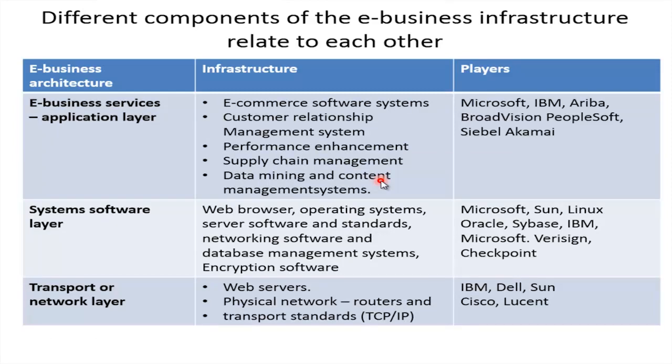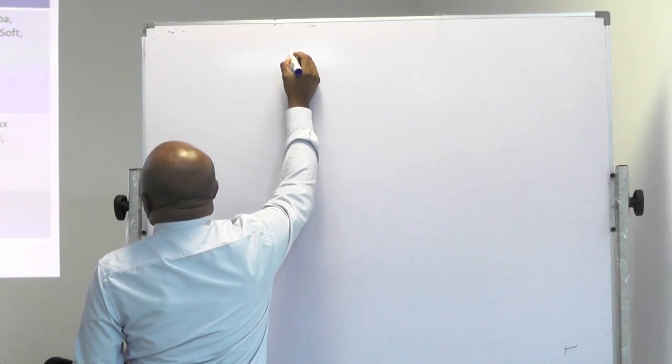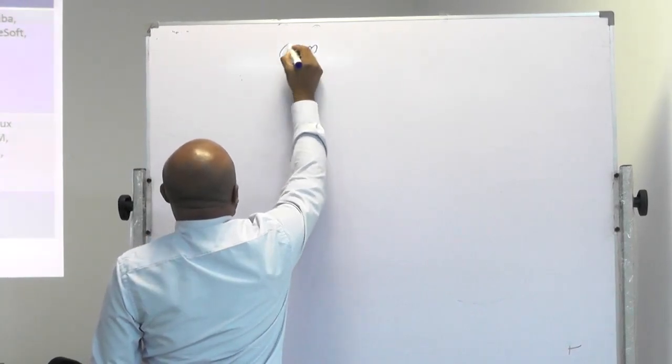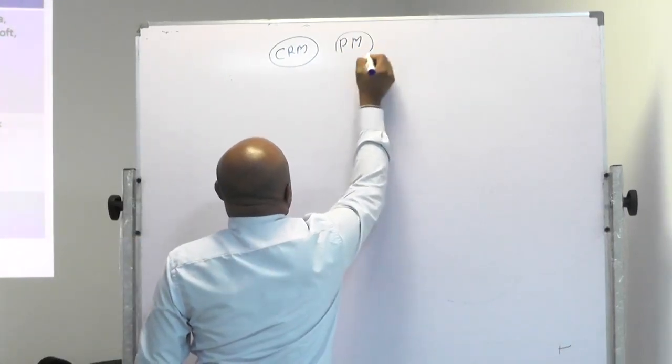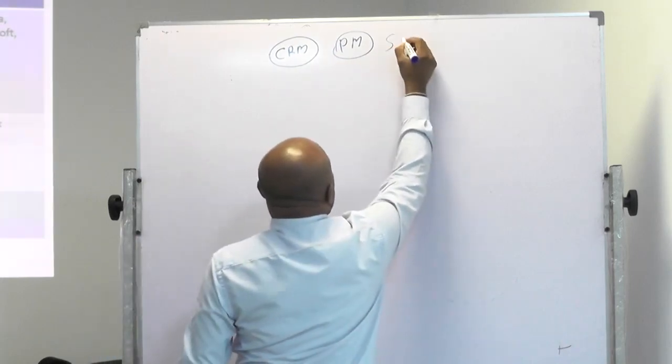I'll do it on the board, then you can understand well. There can be CRM, customer relationship management software, performance management, and supply chain management.